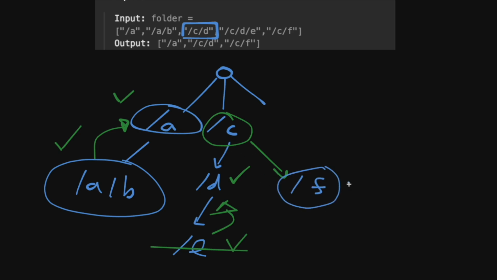Even though F is a terminal node, because its parent is not, that means that this entire path is not a subfolder. If /C was, then this would be a subfolder, and also with this D. But because /C isn't a terminal node, we don't consider those to be subfolders, and that's why we don't get rid of those in the final output. So that's basically the algorithm we want to do.